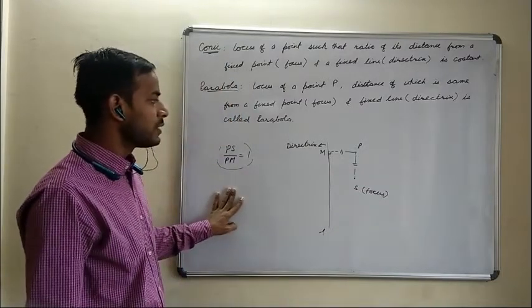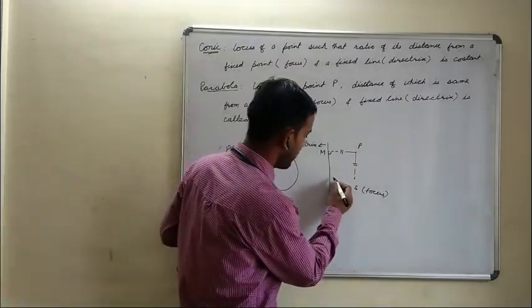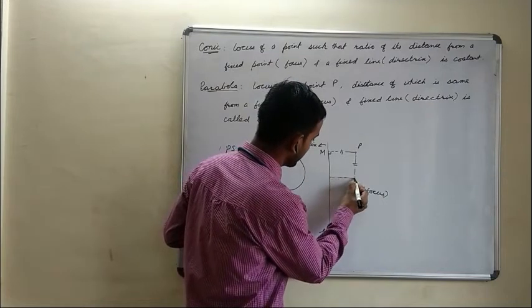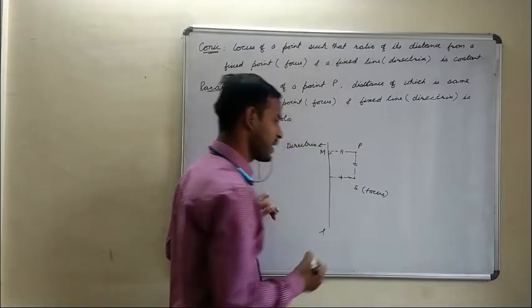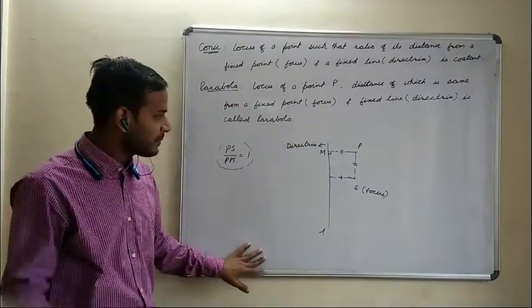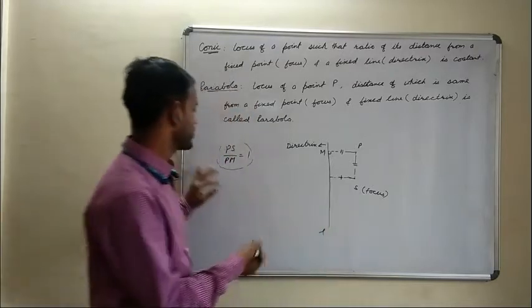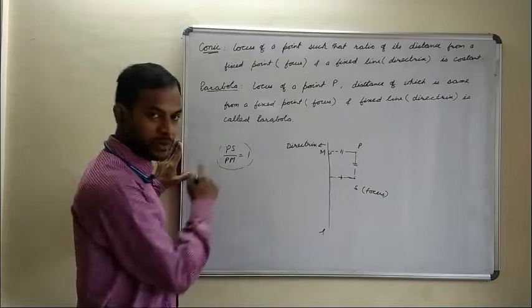Okay, you must note one particular thing about this, that midpoint of this particular line will also lie on parabola. Now, why is that? So, the definition of parabola is PS upon PM is equal to 1. So, PS should be equal to PM.